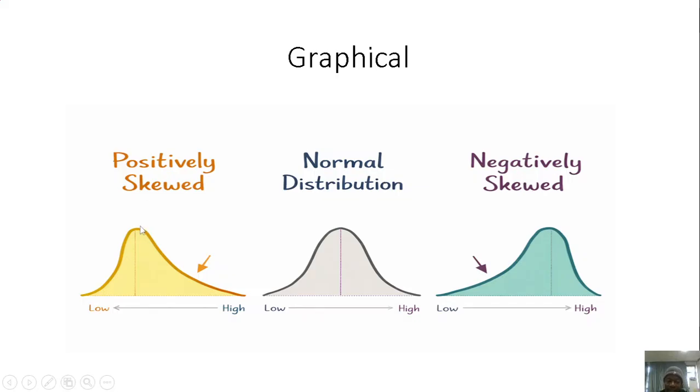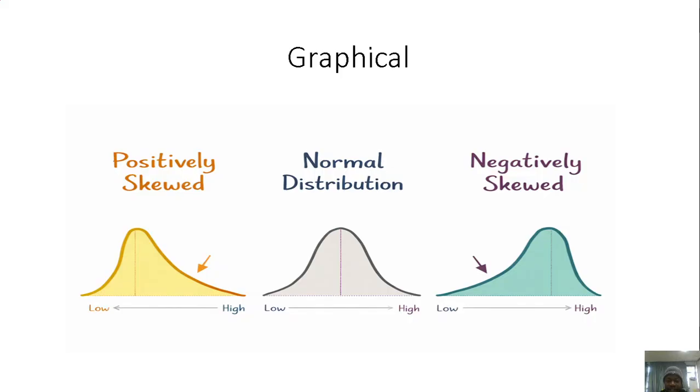If it has the longer side to the right, it means it is positively skewed. And if the right and the left are the same, it means it's normally distributed. So this is how we use the graphical approach.